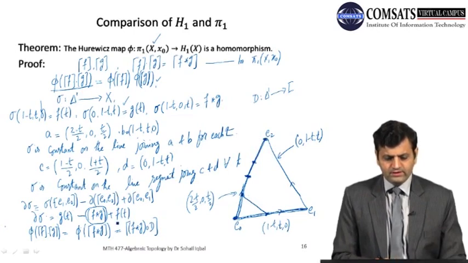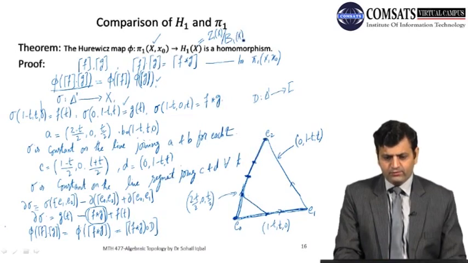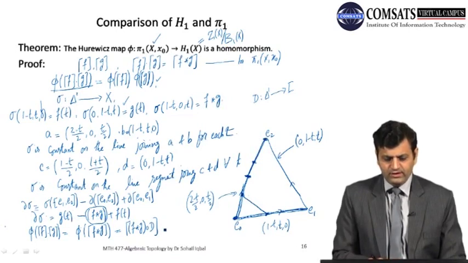So if two elements differ by an element of the boundary, in this definition of H1 of X, this is equal to the cycles quotient the boundary, so the elements which are boundaries of some elements of S2 of X. Okay, so F star G and F plus G differ by an element of the boundary, so in other words we can say that they are the same, so we can write it down as F plus G composition with D.